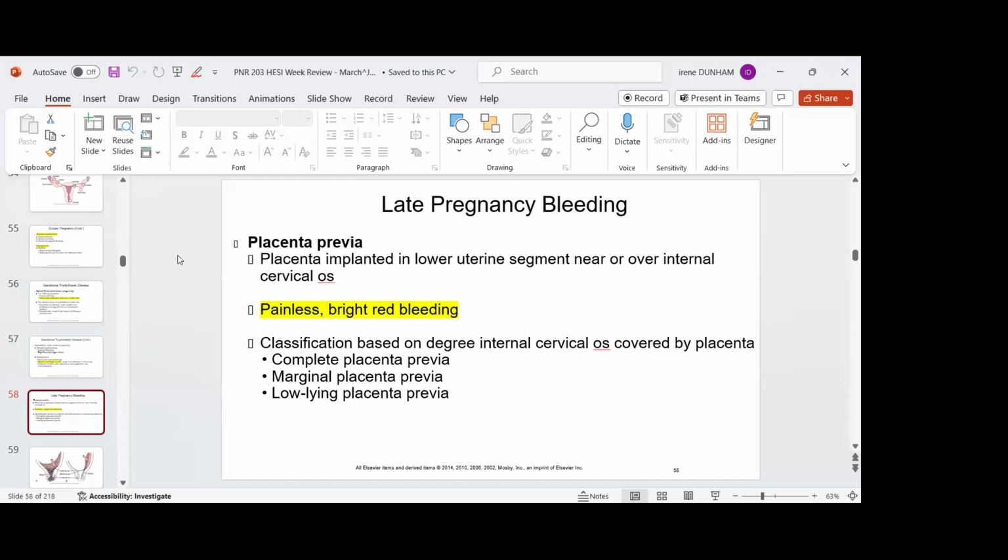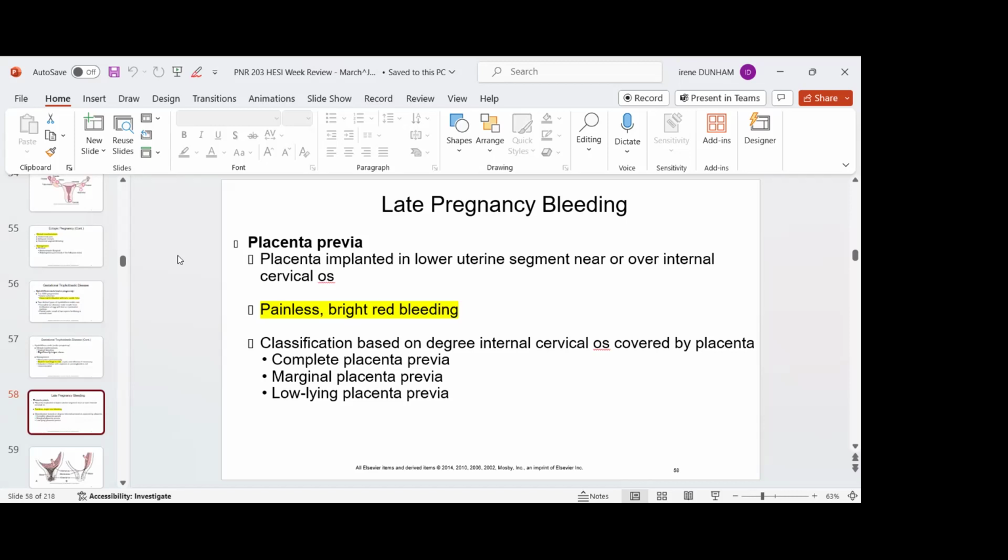Under previa for pain you have painless bleeding. And then for the abdomen, when you palpate, it is soft. That's previa. All right. So that's part of late pregnancy bleeding.